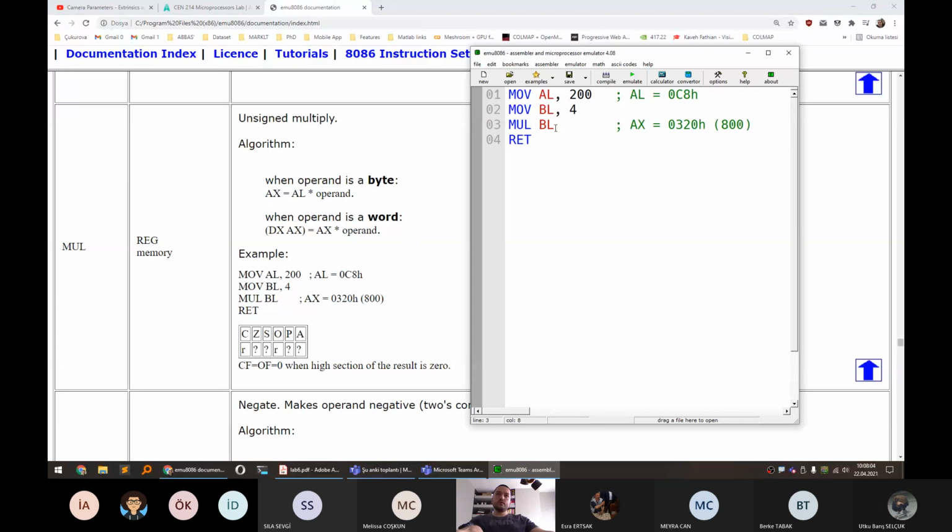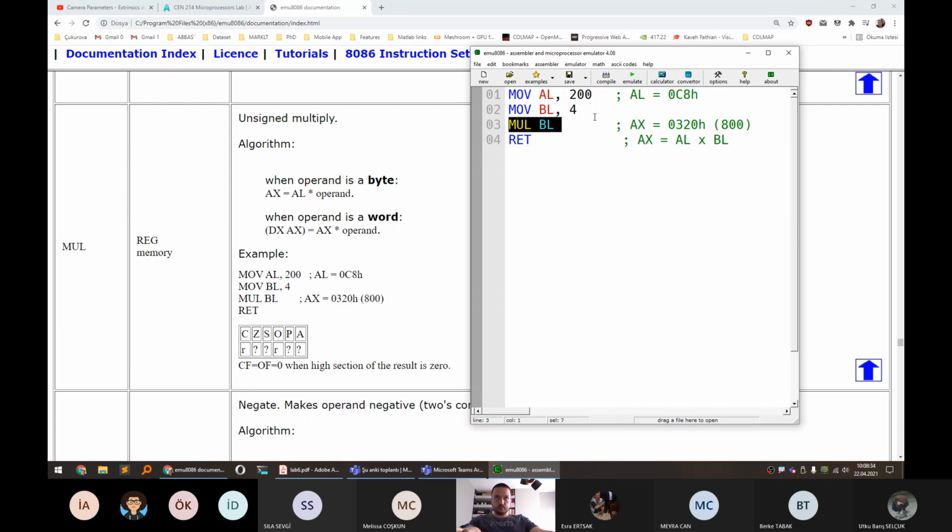So this is byte. The calculation is AL times BL, stored into AX. This is the algorithm the third line is doing.